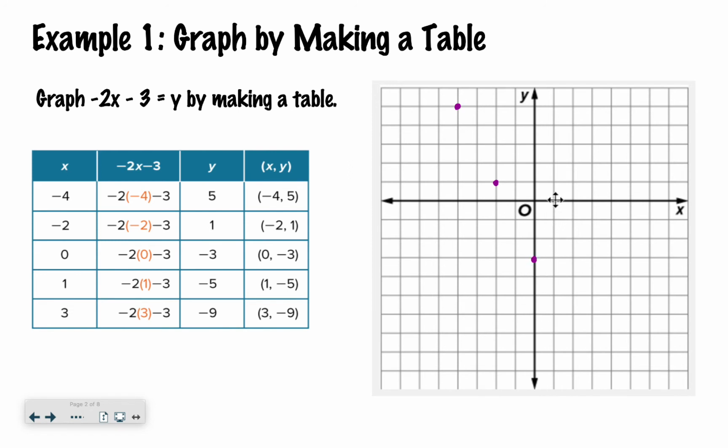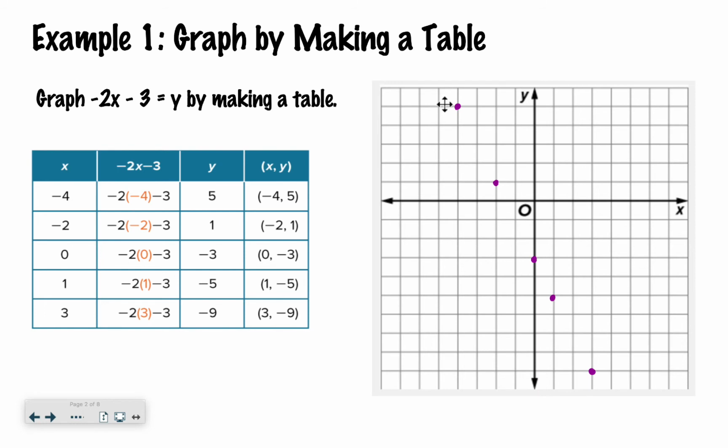And then I have 1, negative 5, which means that I go right here. And then 3, negative 9.